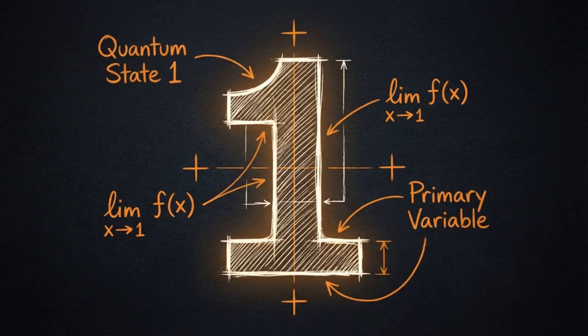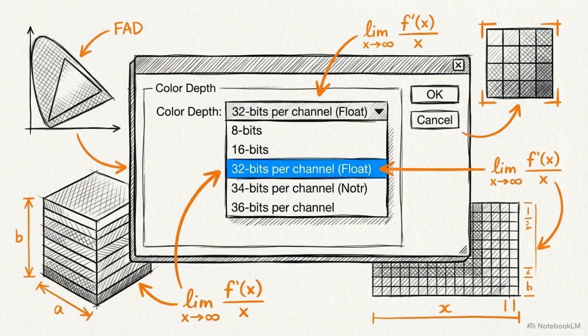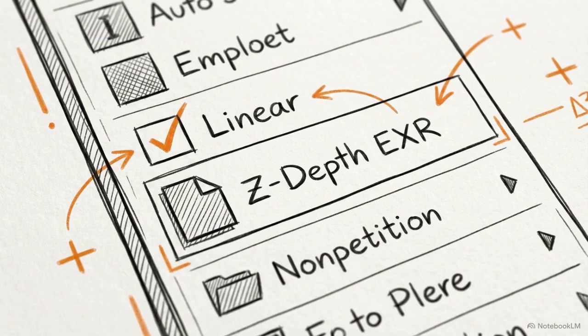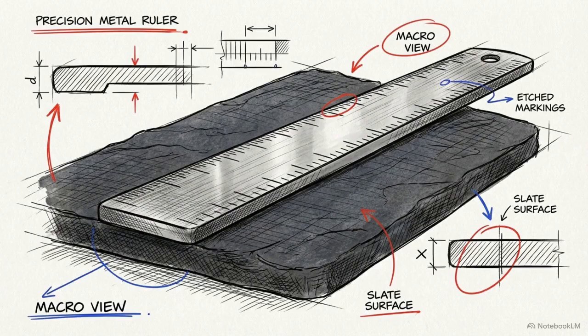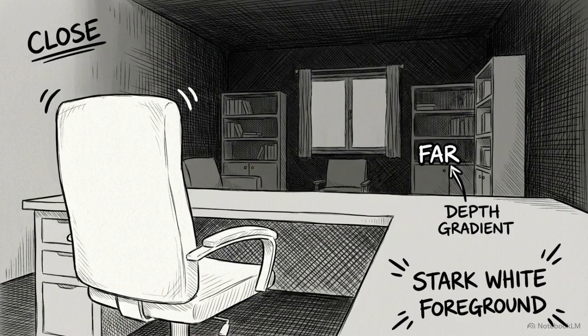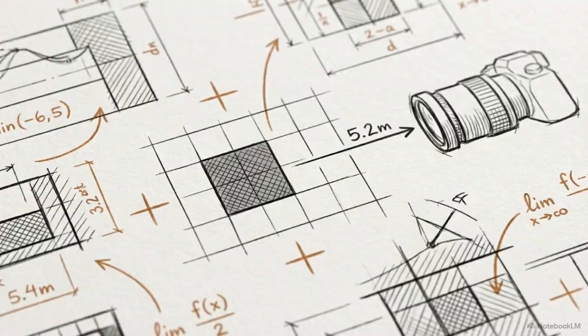Step 1 happens before we apply a single effect. Go into your After Effects project settings, switch the color depth to 32-bit floating point, and interpret your imported Z-depth EXR file as linear. A Z-depth pass acts as a precise digital ruler. In this grayscale image, the exact brightness of every single pixel tells the software the physical distance of that point from the camera lens.